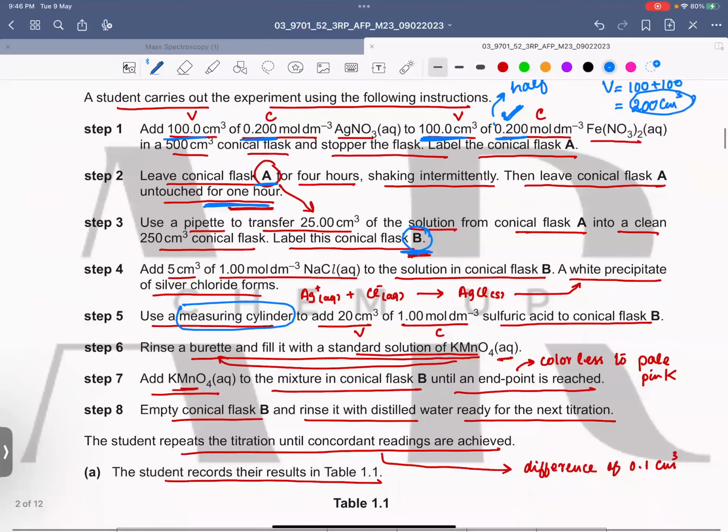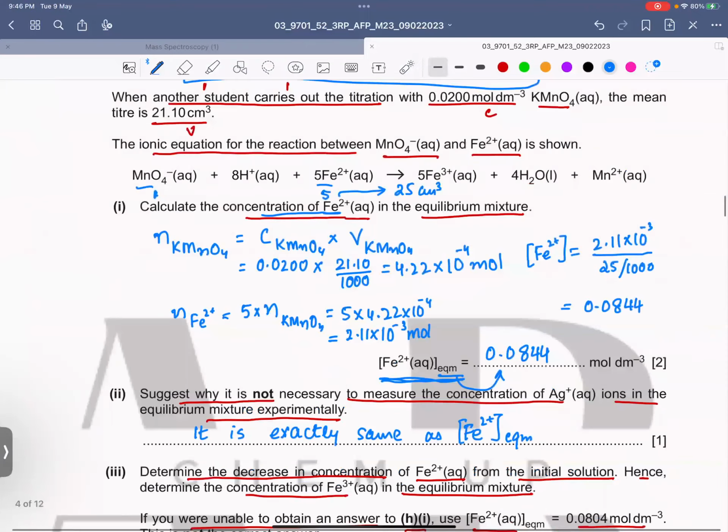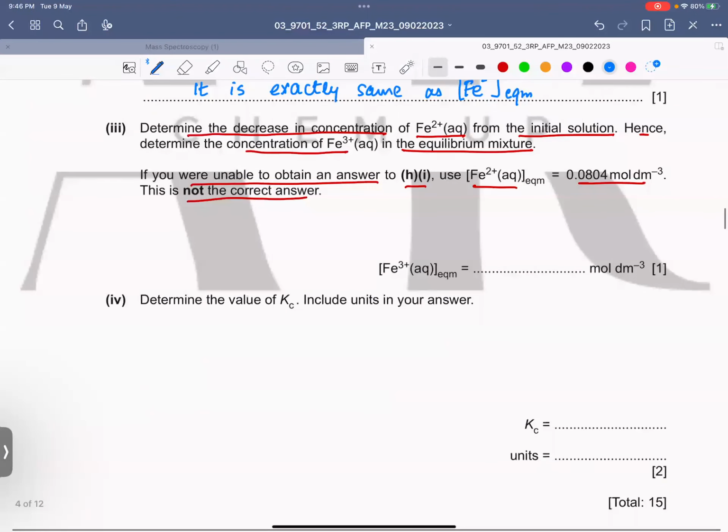So first, what you will do over here is that the initial concentration of iron 2 positive ion in the reaction mixture would become 0.200 divided by 2, which gives me 0.100. And now you have to find the decrease in concentration.